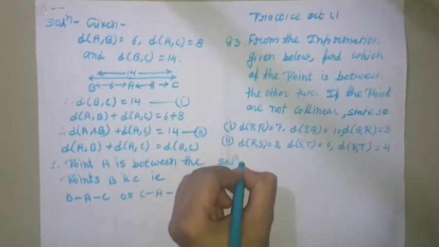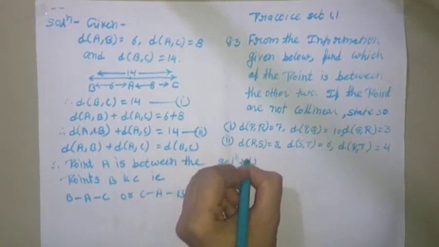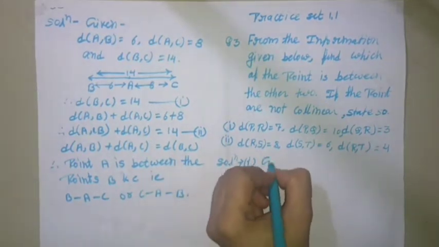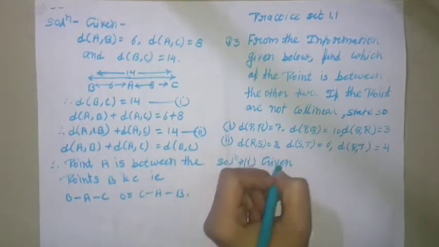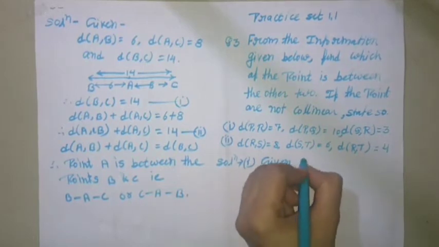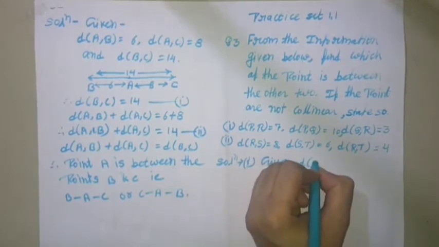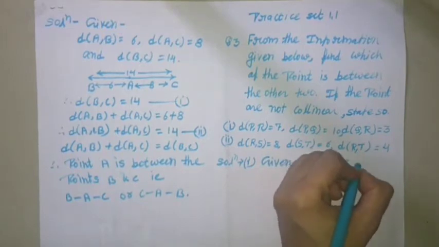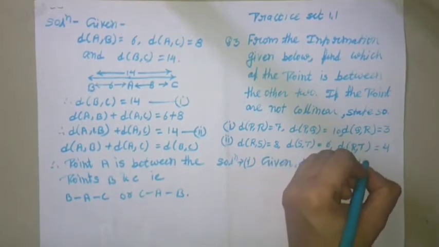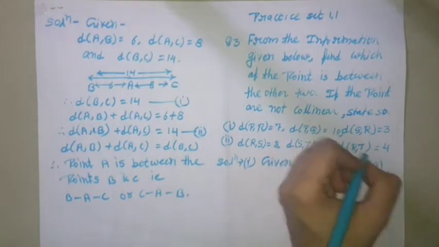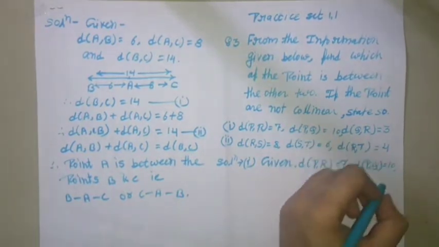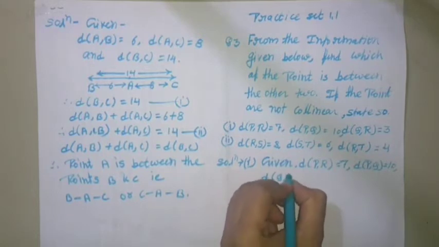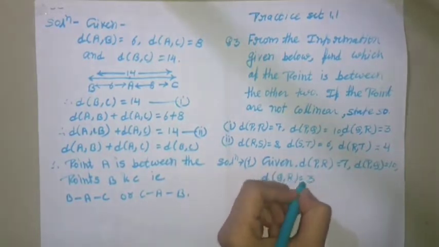Solution. First, given distance of PR equal to 7, distance of PQ equal to 10, and distance of QR equal to 3.